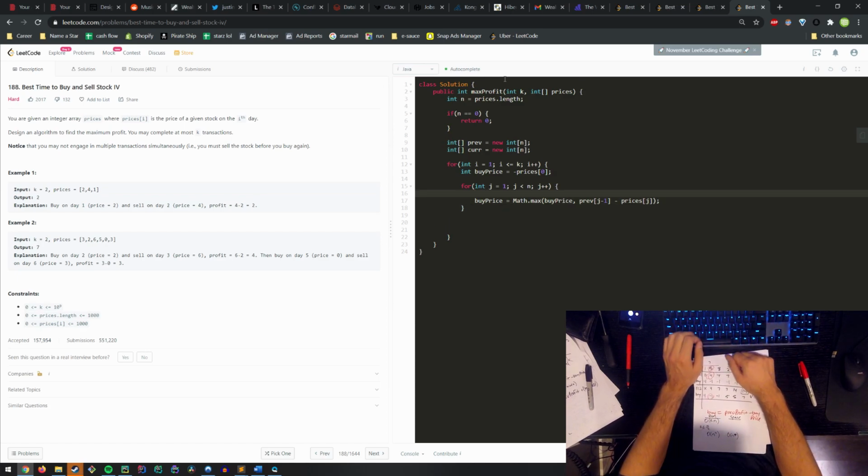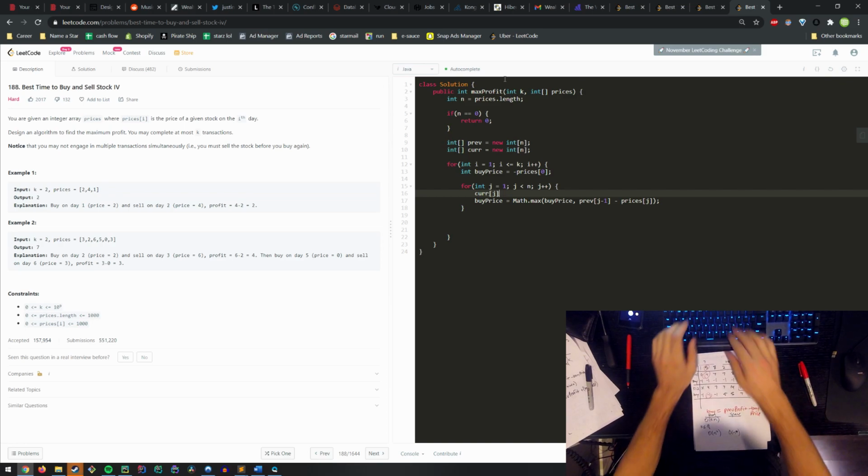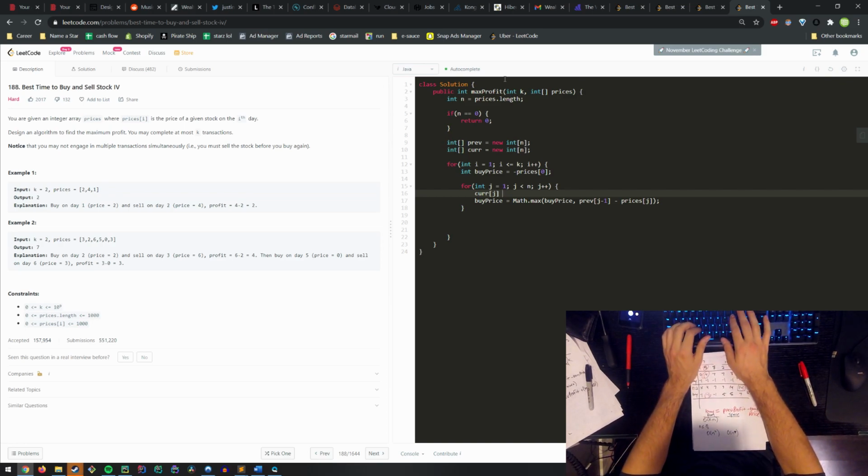Oh, and then we need to calculate the current as well. So this is our current profit at the certain amount of transactions, whatever we've been doing. Current at j minus 1, or buy price plus prices at j.